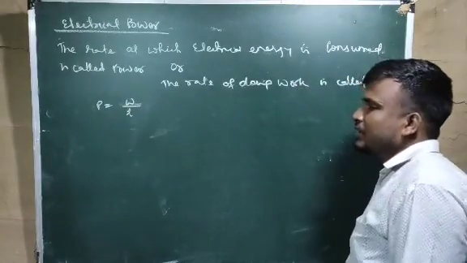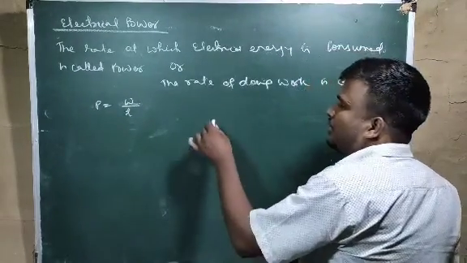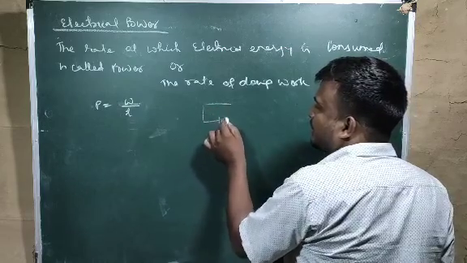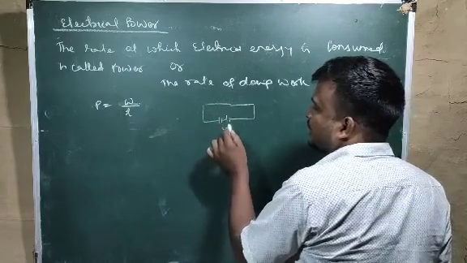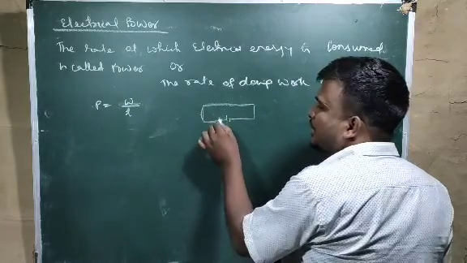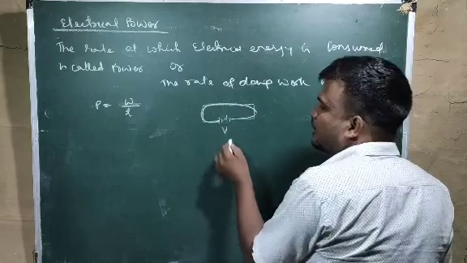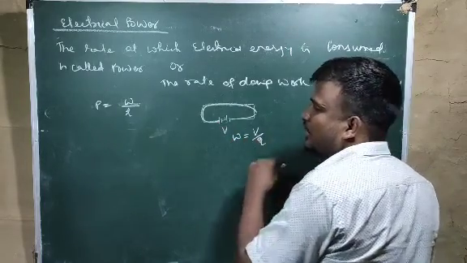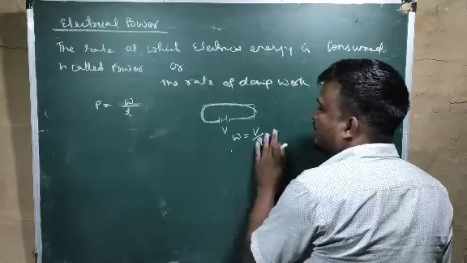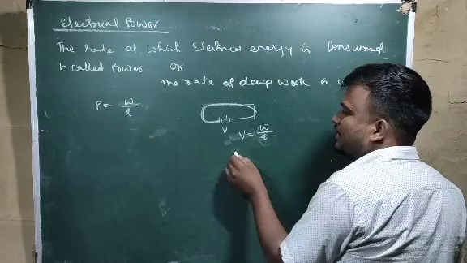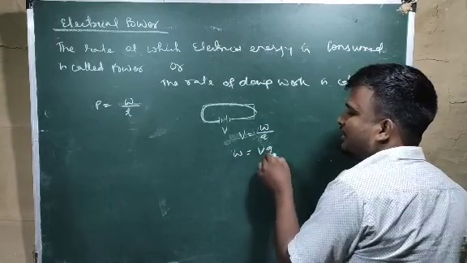Now, if through a circuit, suppose the potential difference is V, and a charge Q is moving. How much work is done to move the charge through a circuit? Work done is V times Q. Already I told you, V equals W by Q, potential. So from here W will be equal to VQ.